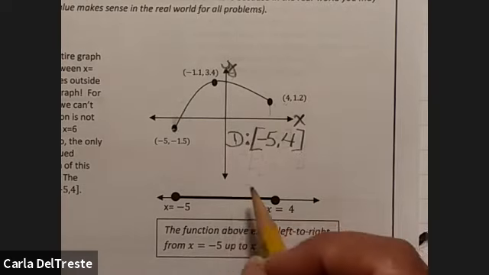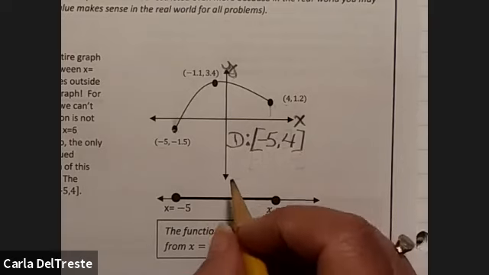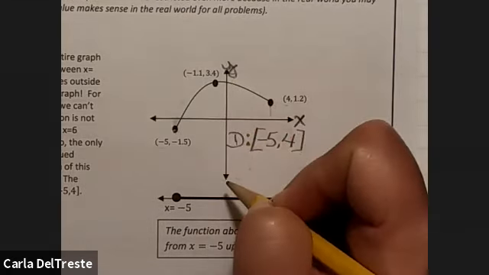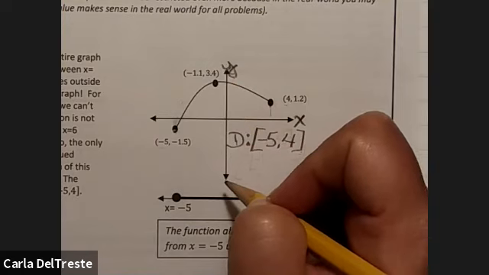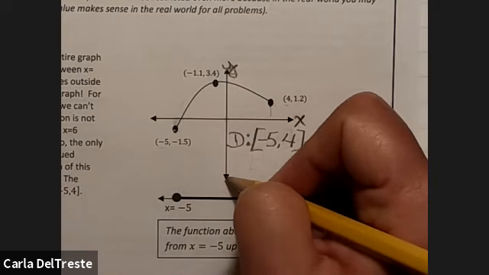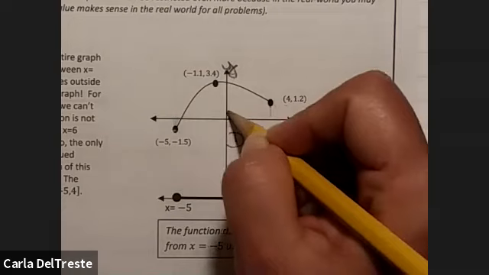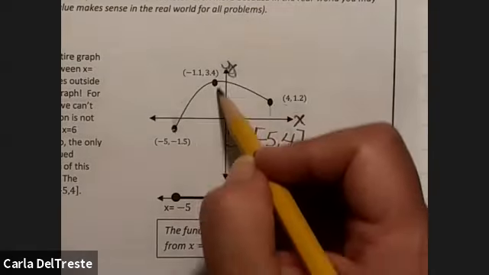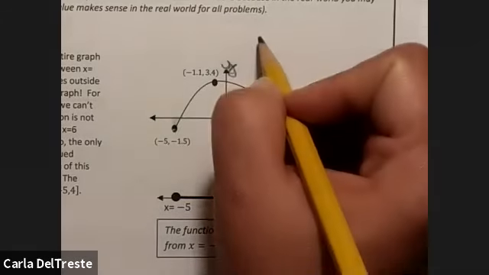Now let's talk about our range. Our range is the y values where the graph exists. Okay, what outputs am I allowed to get? You can do one of two things here. If you feel comfortable reading vertically, okay, then you don't have to change this picture at all. Okay, you're just going to walk from bottom to top. You're going to walk vertically.